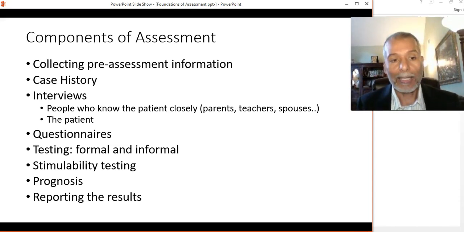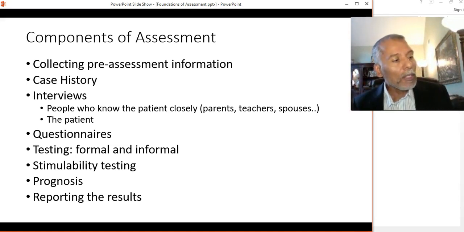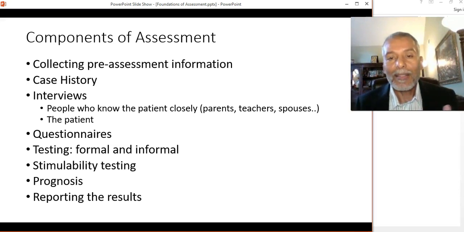So that is testing. And testing typically includes 2 components. A formal part that involves tests that were produced by companies, like the one that we used in the class last time, the PPVT-4.